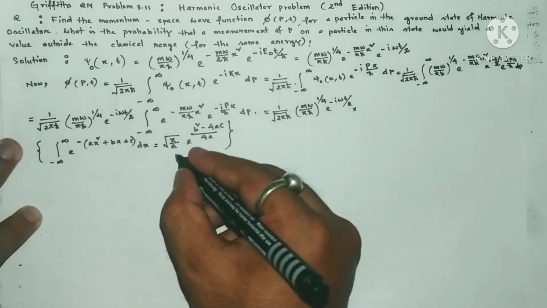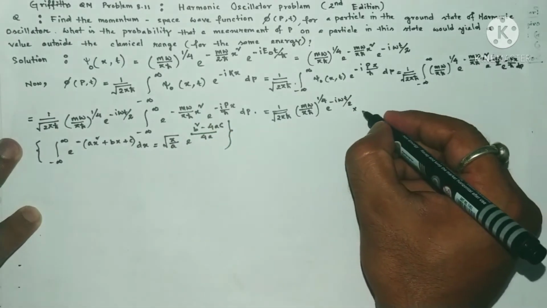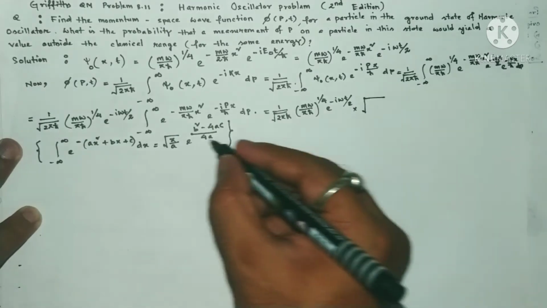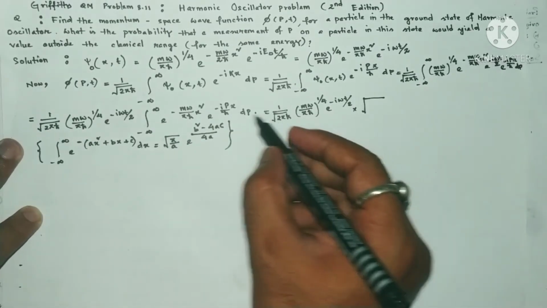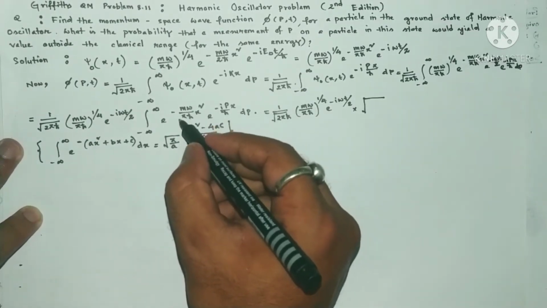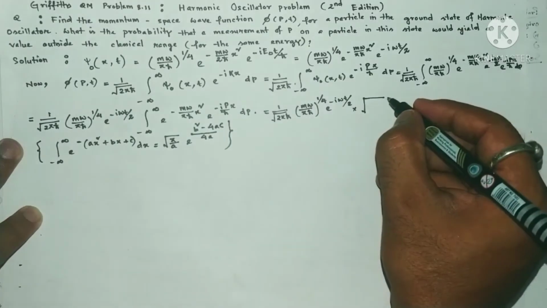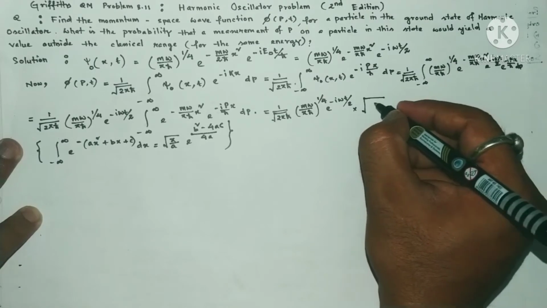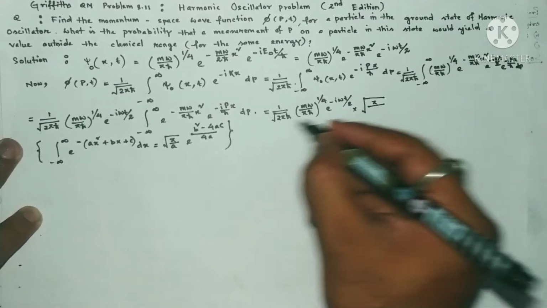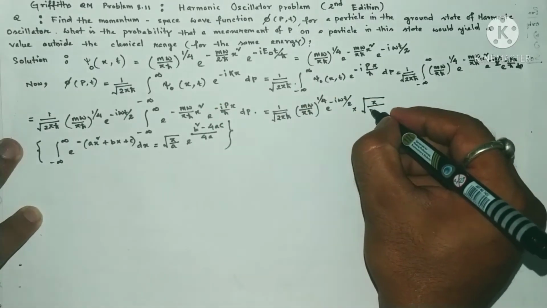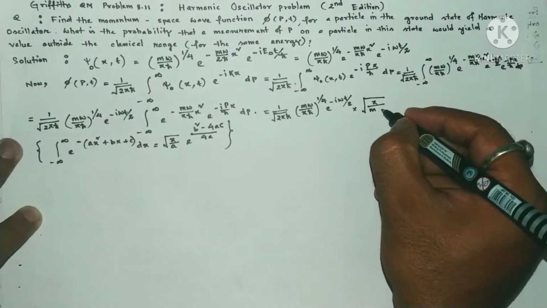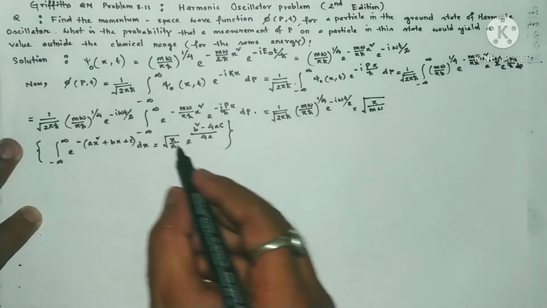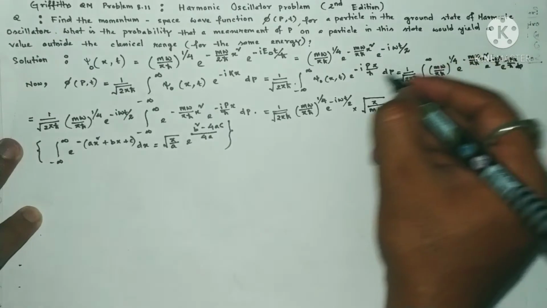Now the integral gives root pi by a, so here a is this term, and so we can write pi by m omega over 2 h cross.